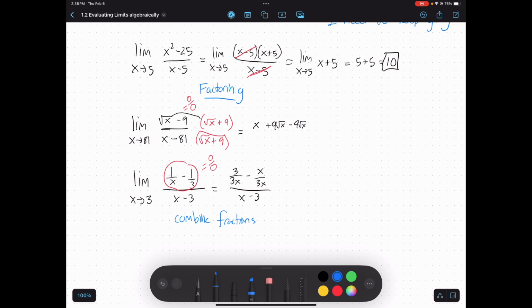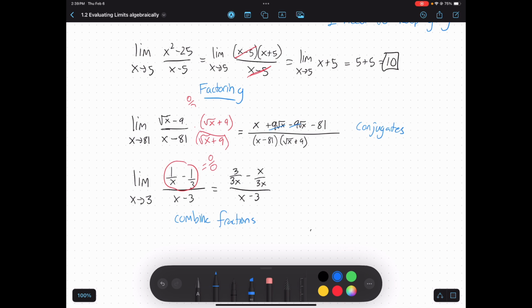So your middle terms go away. That's why we like conjugates, because it gets rid of your middle terms, which in our case are square roots. And then your last term is just negative 9 times positive 9, which is negative 81. And hopefully you can see how that helps us, because now we have an x minus 81 term in the numerator and an x minus 81 term in the denominator. And once again, that is using conjugates.